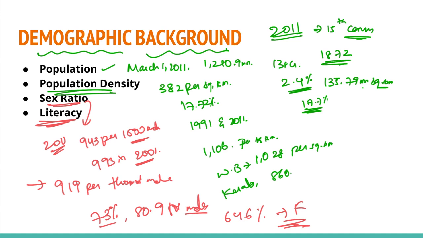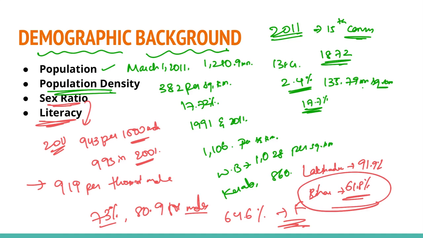Kerala retained its position at the top with a 94% literacy rate, closely followed by Lakshadweep with 91.9%, and Bihar with a literacy rate of 61.8% ranks last in the country. It is said that Bihar has recorded the lowest literacy rate both among males as well as females. So this is about the land and the people of India.